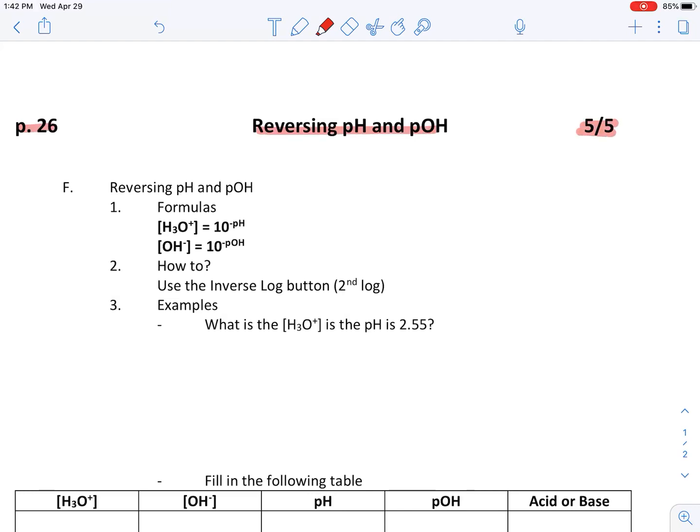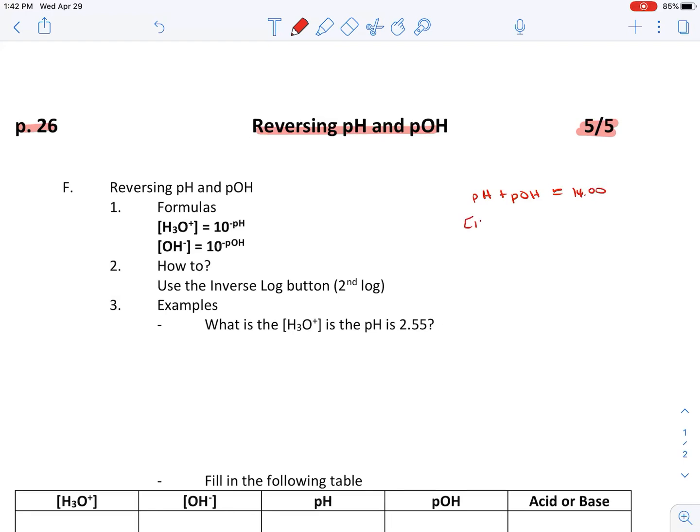Today's date is 5/5. On Monday, we had 4 formulas given to us. Let's quickly review those. We've got pH plus pOH equals 14. That's the easy one to remember.